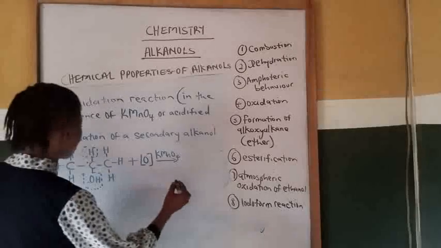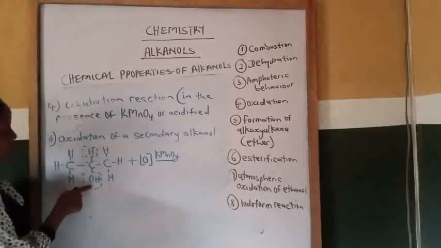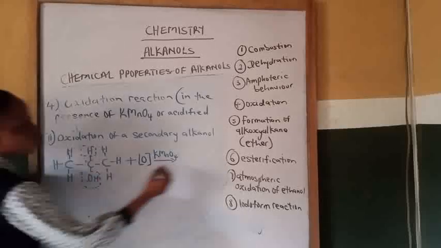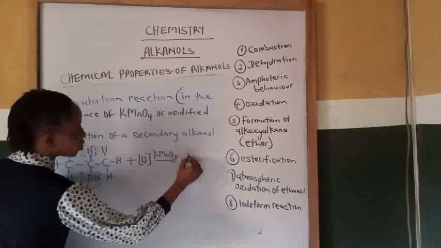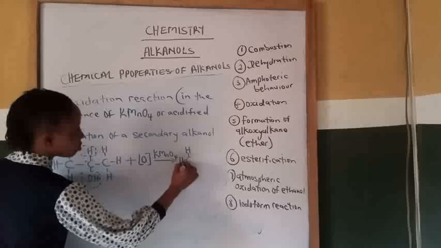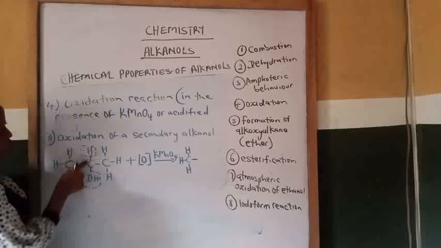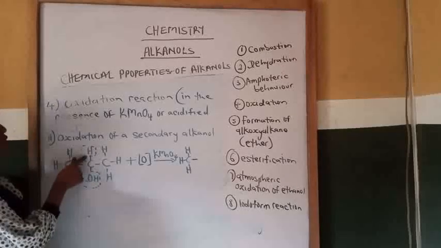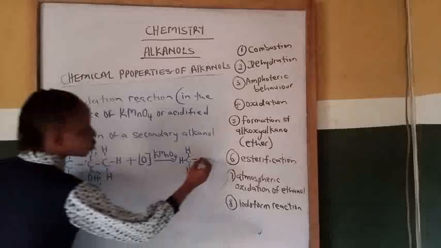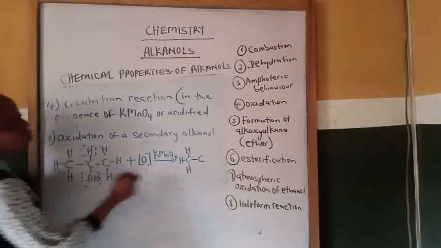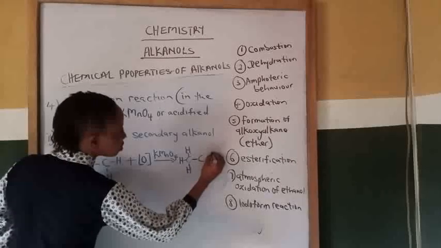Then our products now will be: the first carbon atom with 3 hydrogen atoms, then the second carbon atom with nothing, because we have removed the hydrogen and hydroxy group, so we have only 1 carbon atom here, then the third carbon atom with 3 hydrogen.